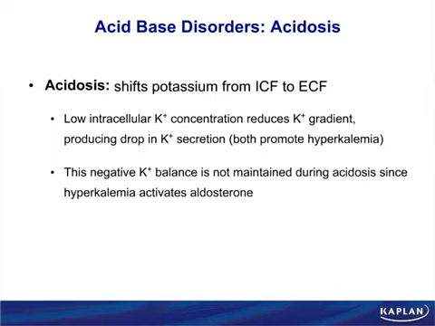So part of the management of DKA is to replete potassium, even though when they present to us, they do have hyperkalemia. This is because of transcellular shifts. And as soon as we give insulin, you will activate the sodium-potassium ATPase. You will very quickly push potassium back inside cells, and you will cause hypokalemia. So you're going to have to replete potassium very quickly, very aggressively. This is a high-yield point that they like to ask you about on the exam.